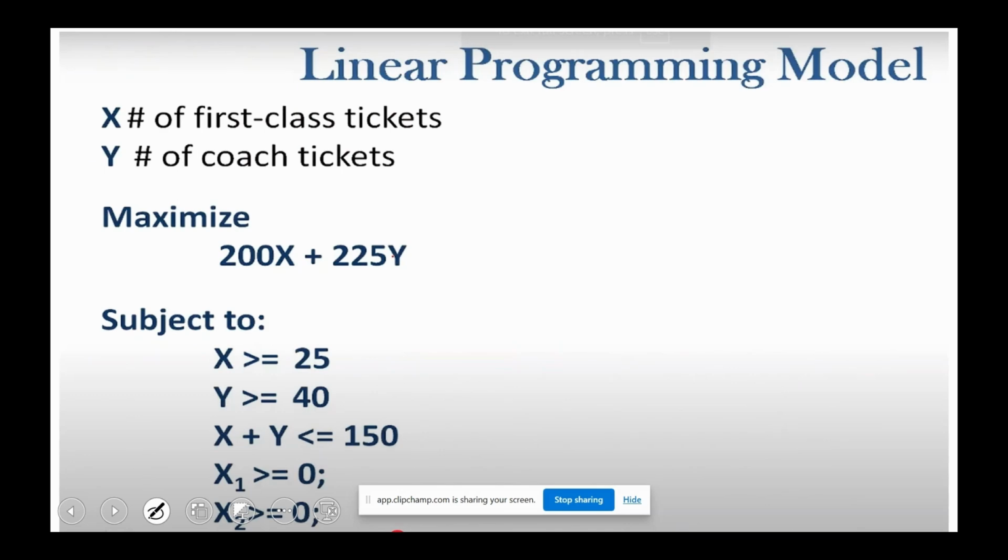Again, we are putting this in a correct manner. x is the number of first class tickets, y is the number of coach tickets.